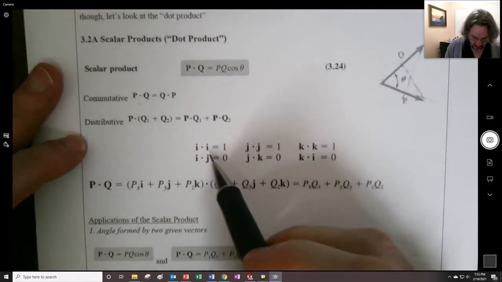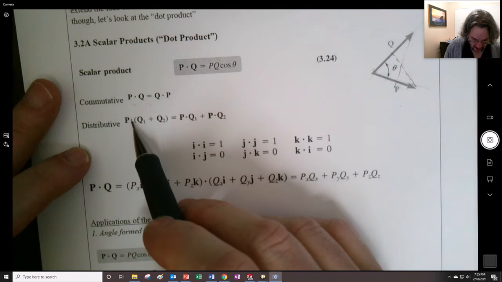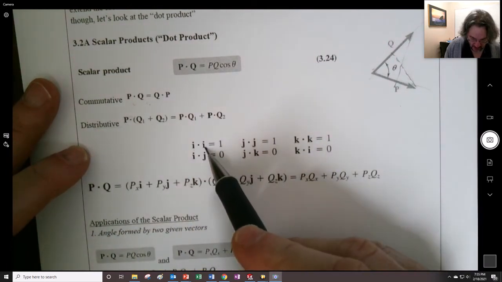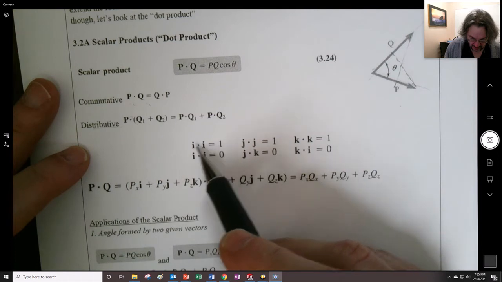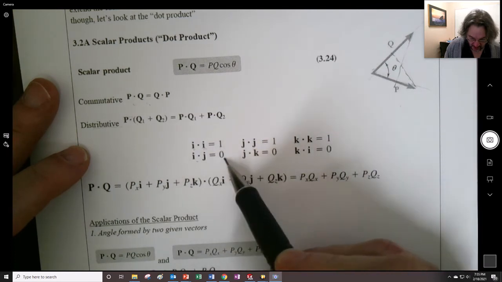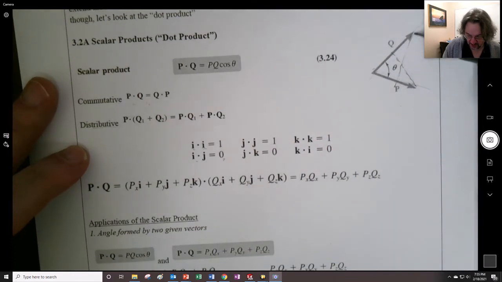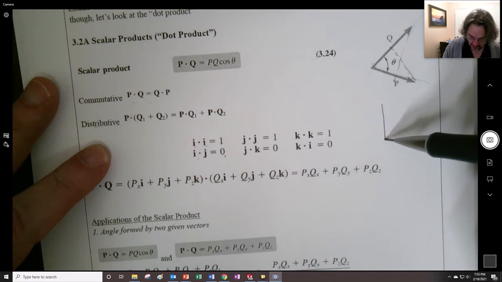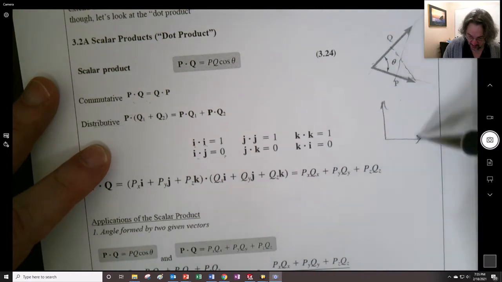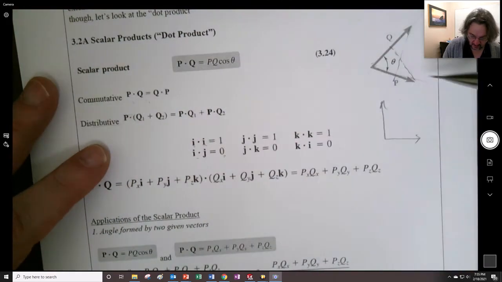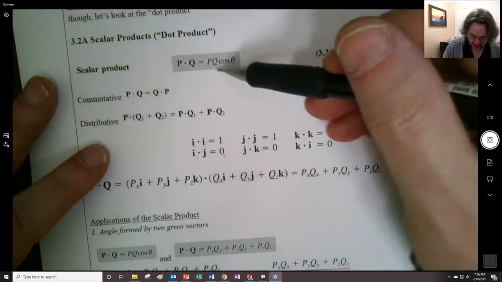Let's also have the distributive property. And noteworthy things that happen when we dot a unit vector against itself, we get 1. But if we dot something that's perpendicular, we get 0. So you see how that happens right here. If we're doing that, we can't project one of these onto the other, and we also know that the cosine of 90 is going to be 0.